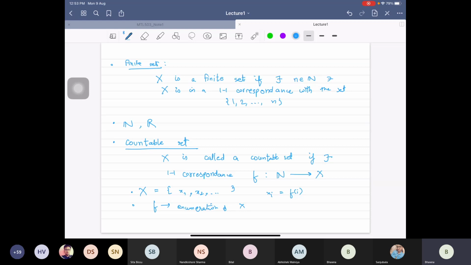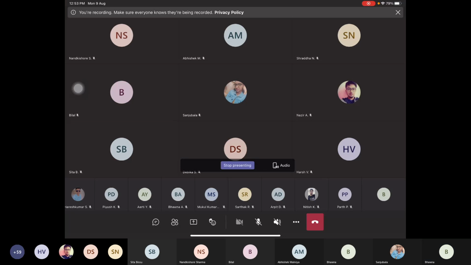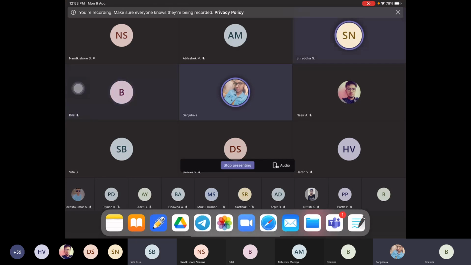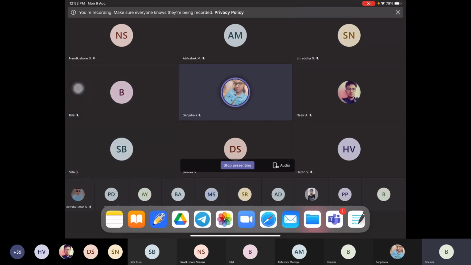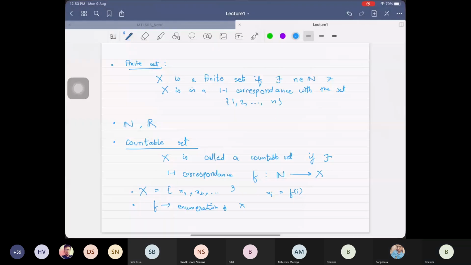If you see the tute sheet, are you able to see my screen? Yes, ma'am. I think I cannot access this. It's okay.